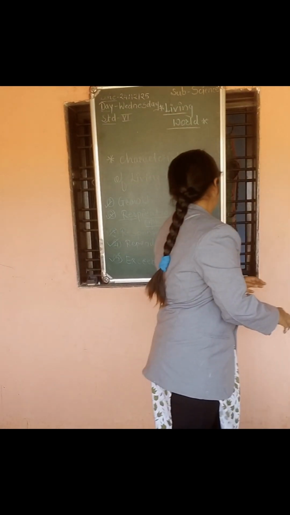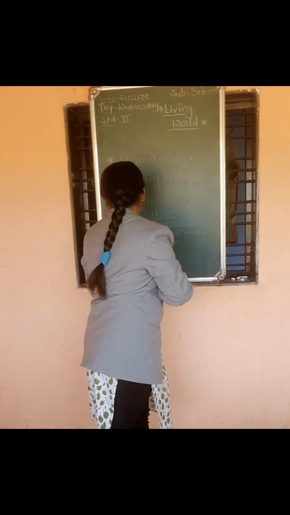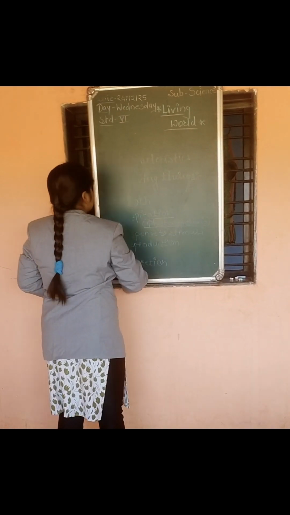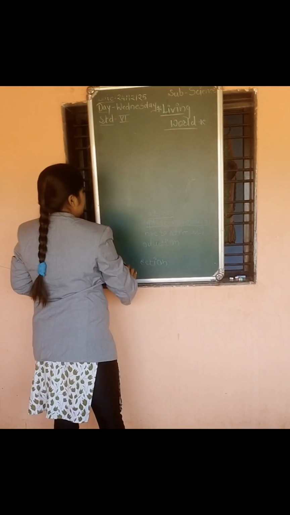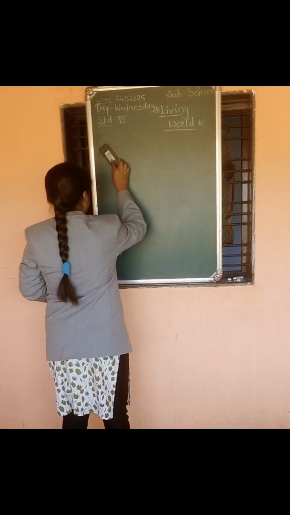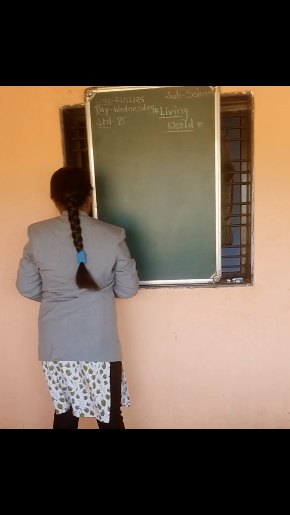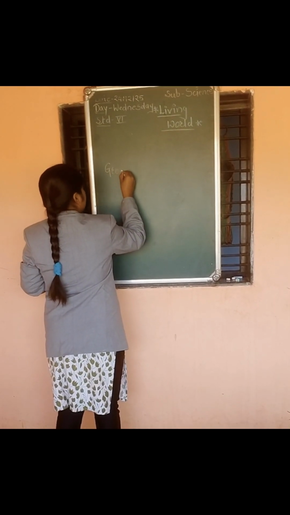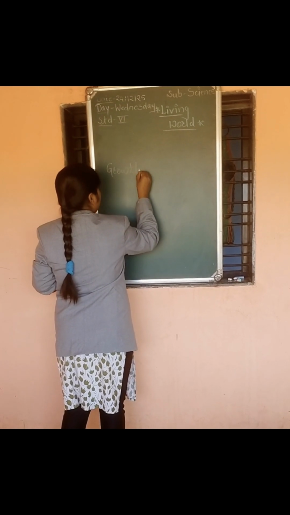So the first point, here we study the characteristic of growth. This growth property is observed in both plants and animals. The first property is growth.